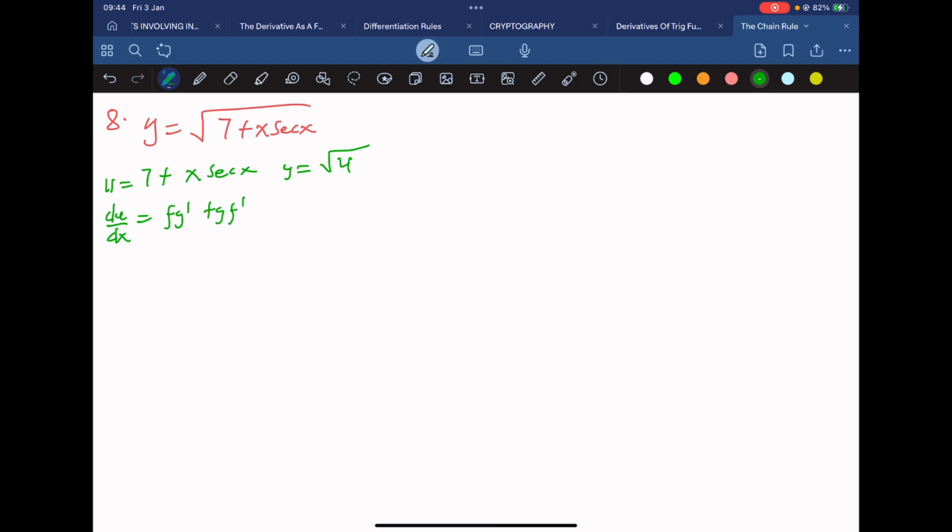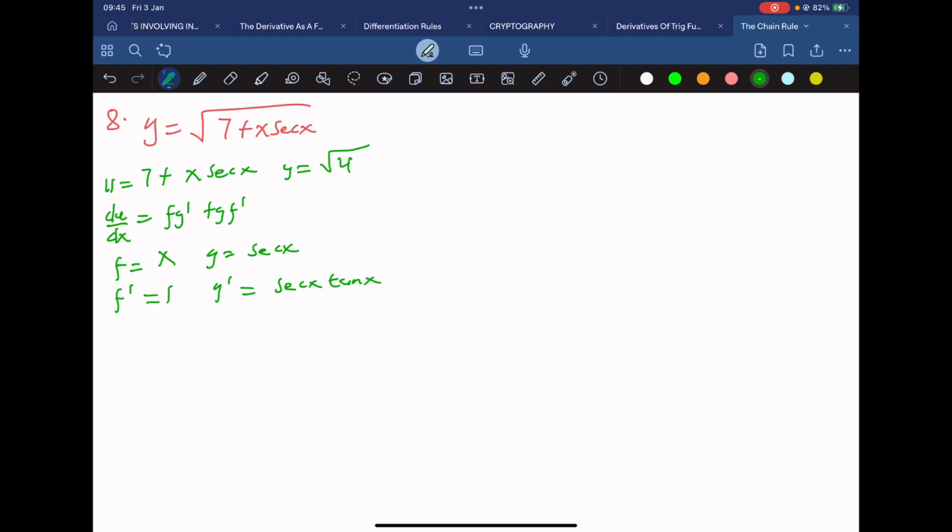So for the product rule, your f is your x and your g is your sec x. If we differentiate f, we have 1. If we differentiate sec x, we have sec x tangent of x.